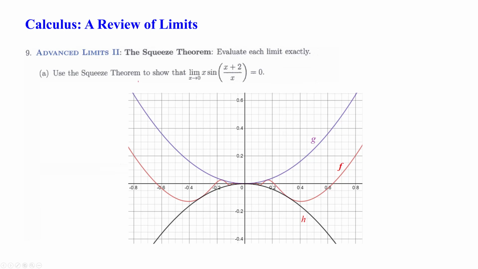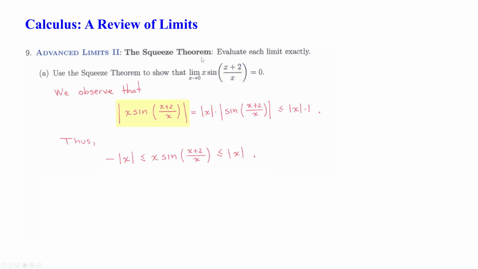So how do I produce these two functions? Let's look at the absolute value of the original function. The absolute value of the product is the product of the absolute values. That's an easy algebraic result. Now, we know from trigonometry that the sine does not exceed 1, nor does it get below -1. Therefore, the absolute value of the sine of any expression never exceeds 1. So this is less than or equal to the absolute value of x times 1.